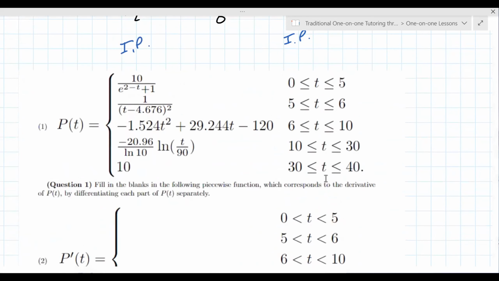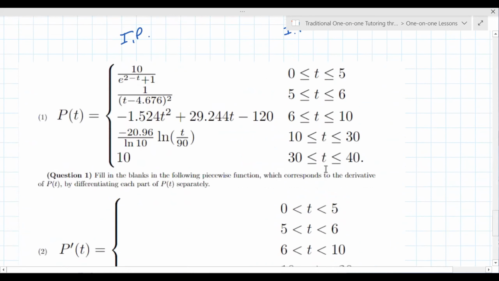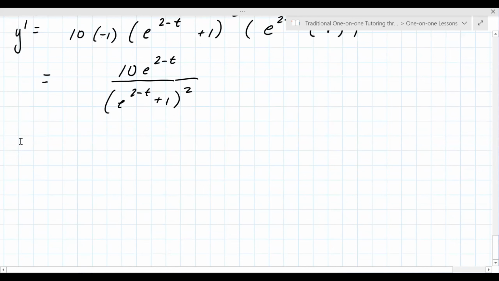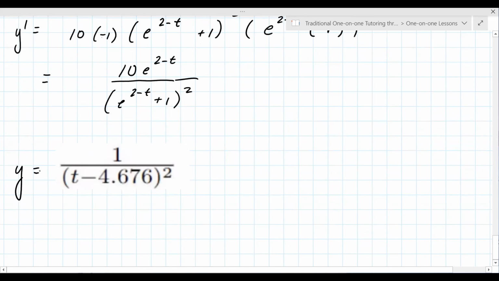Okay, so the next one's somewhat better. I got to snip it in so we can look at it. Okay, so this is your second piece of the piecewise. And it too would be best served to do a rewrite. It's really t minus 4.676 to the power of -2.